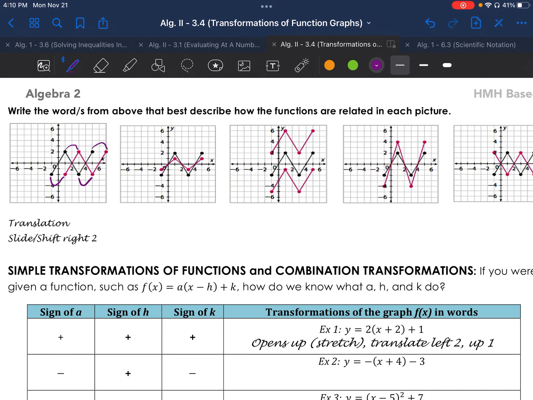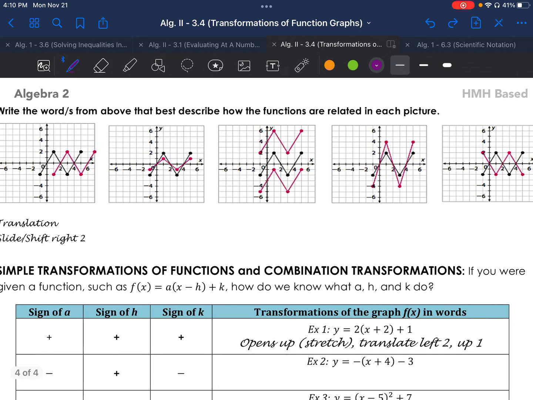We can see each time we can count 2 to the right from the original to our new one and find any point. So I want you to pause and take a moment to figure out what the next 4 are as far as just what word it would be. And then once you have them or are stuck, continue the video.